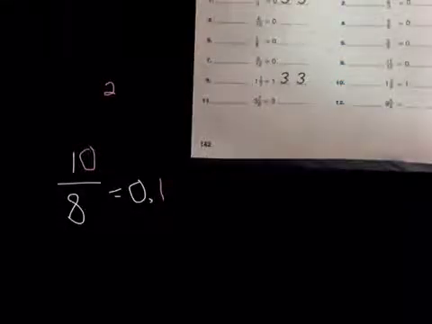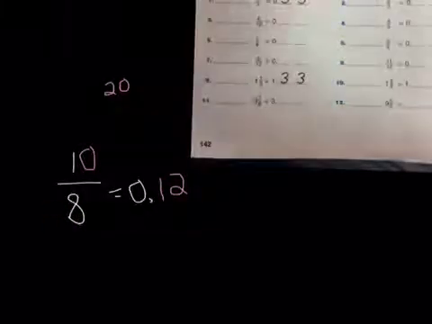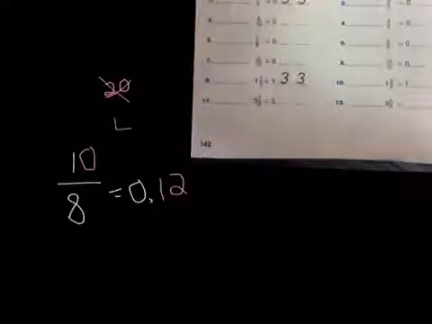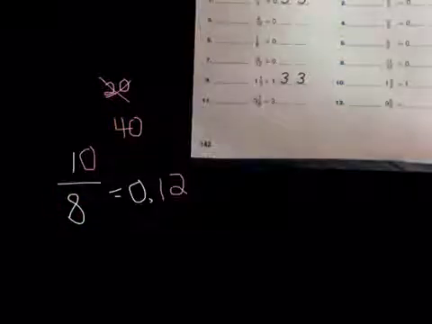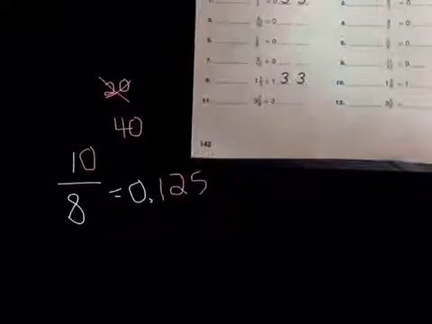That actually becomes the number 20. And you ask yourself, how many 8s are in 20? You say 2, so you write 2. And now 8 times 2 is 16, so you have a remainder of 4. So your new number becomes 40. How many 8s are in 40? 8 times 5 equals 40.